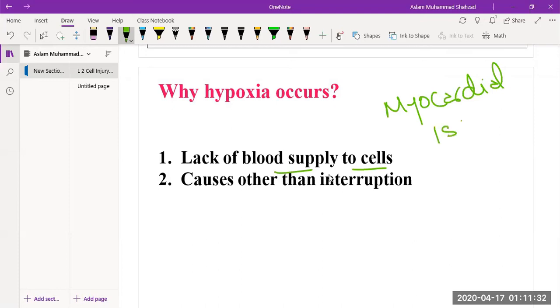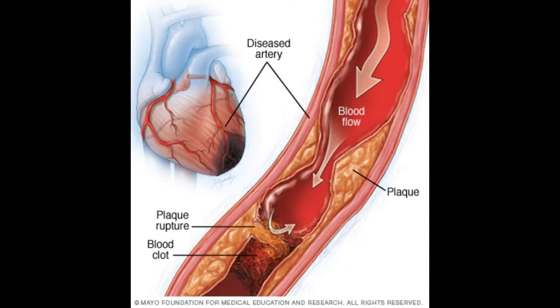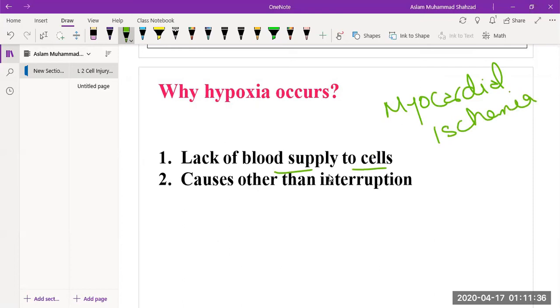It is caused by the presence of cholesterol or plaque formation in the artery, and that blockage of the blood is responsible for producing ischemia, because if the blood is not there, the oxygen will not reach the cells. We all know that blood is the carrier for oxygen to be delivered to different cells, and that leads to myocardial ischemia. We will discuss it in detail in upcoming lectures.